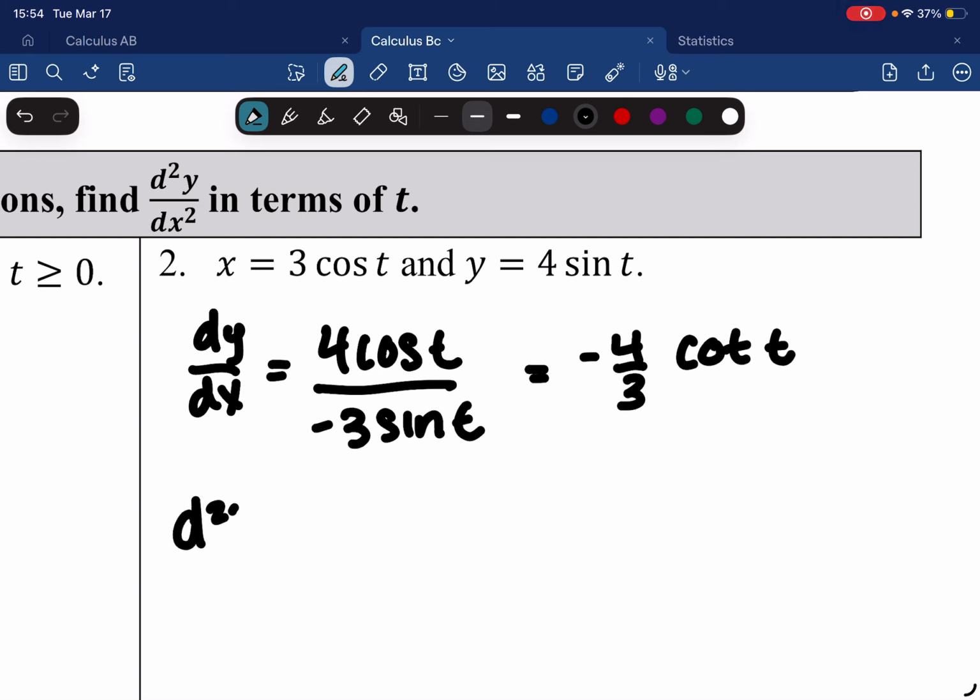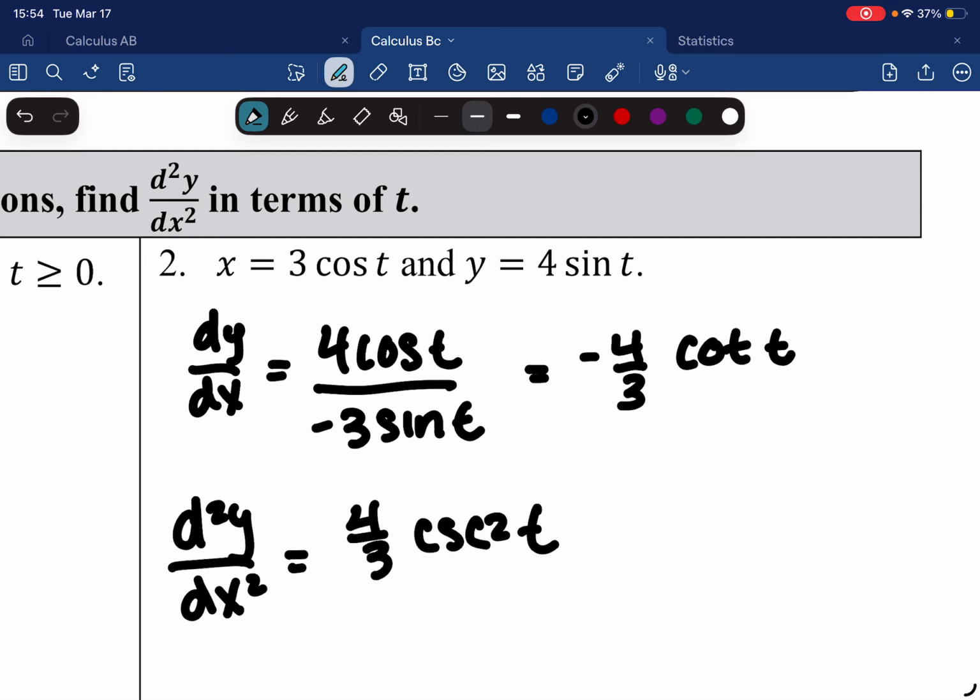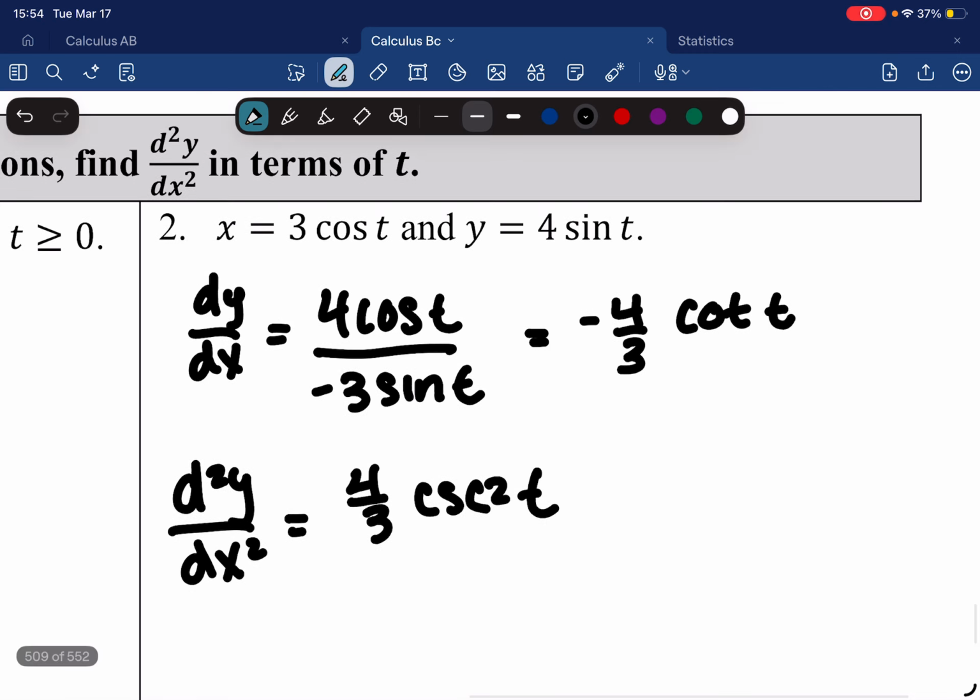Then if I'm taking the second derivative, I first have to take the derivative of negative 4/3 cotangent, which is going to be 4/3 cosecant squared, because the derivative of cotangent is negative cosecant squared. A negative and a negative is a positive. 4/3 comes down, and then divided by the derivative of x, so negative 3 sine t.